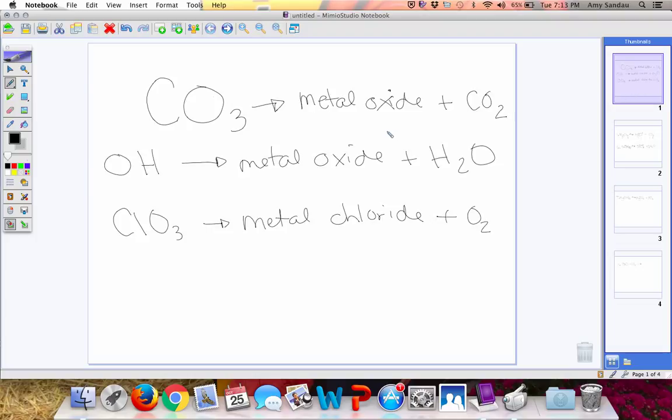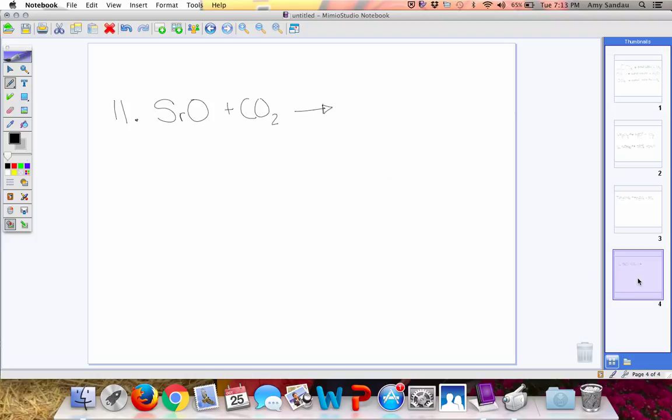If we go back to our very first slide, anything that was a metal oxide plus carbon dioxide, we know that it's going to be a metal with CO3. Our metal was Sr, so the product is going to be SrCO3. And then you have to balance. I have one Sr, 3 oxygens and 3 oxygens, and 1 carbon and 1 carbon, so it's balanced.